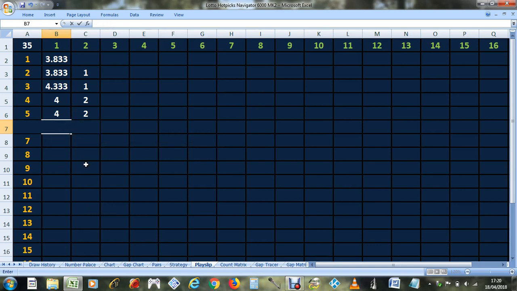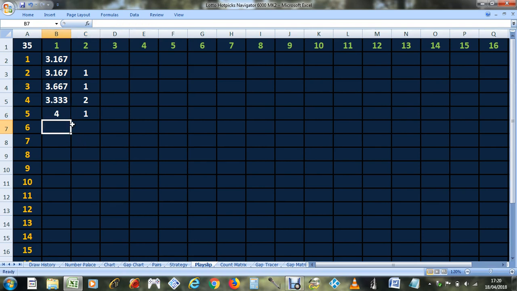So basically I could go on all day doing this, working out where the numbers go. I forgot to subtract these numbers from here. So that's what it'd end up looking like when we got to draw number 5.